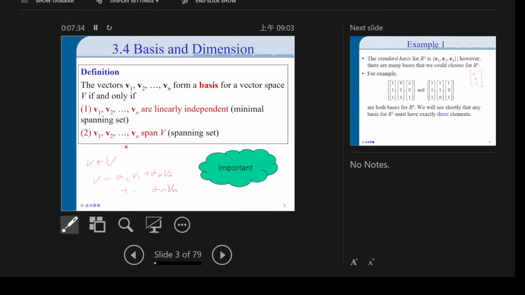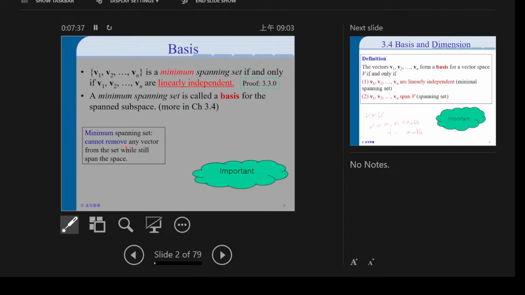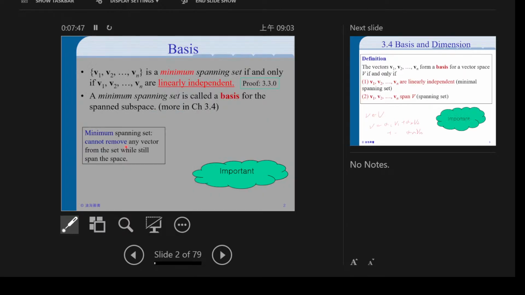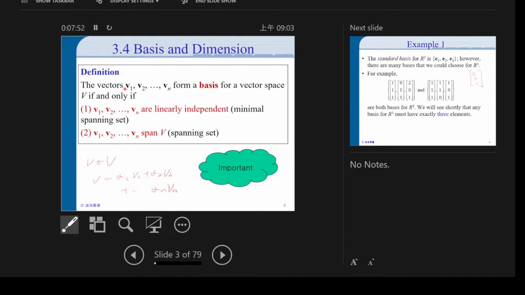This just extends what we said, but the idea here is a bit reversed. Before, a minimal spanning set was more an idea about a set of vectors, and the basis is more an idea about the vector space. For the definition of basis, we look at a set of vectors for a vector space, whether the set of vectors is a basis for the vector space.